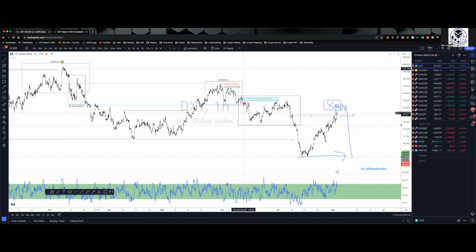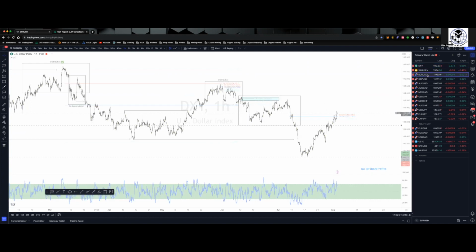As we get a little closer on EU, we're about 90, 95 pips from this area. As we get into that area, this is where I'm really going to start paying attention to the dollar, but I have no problem continuing to buy it up in there.